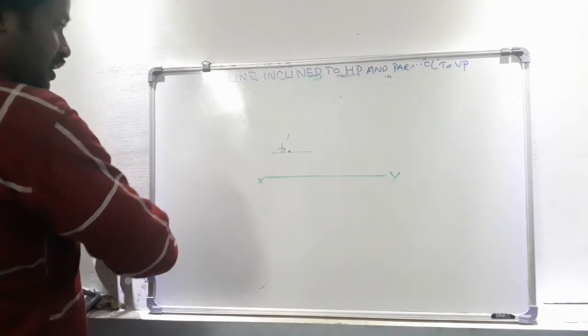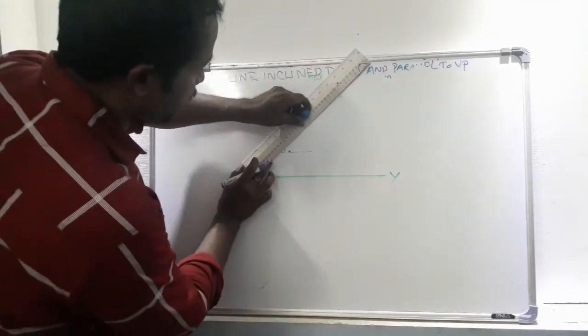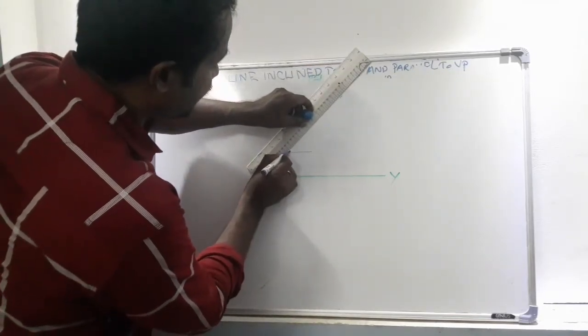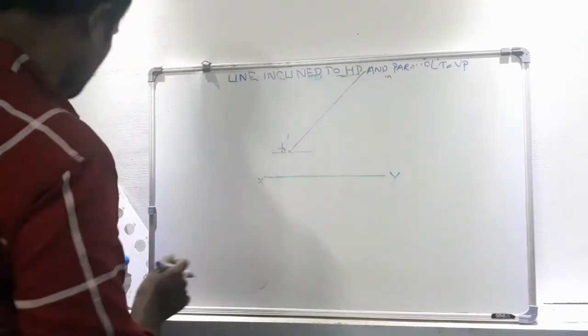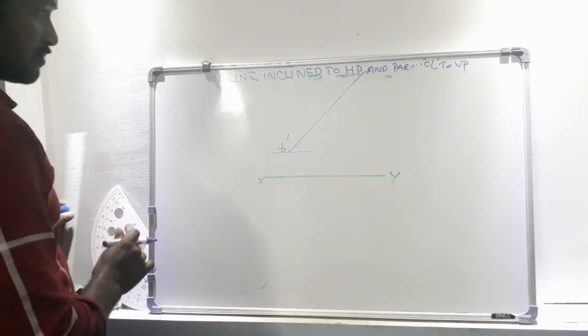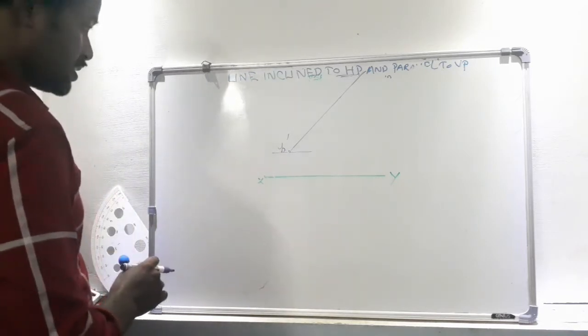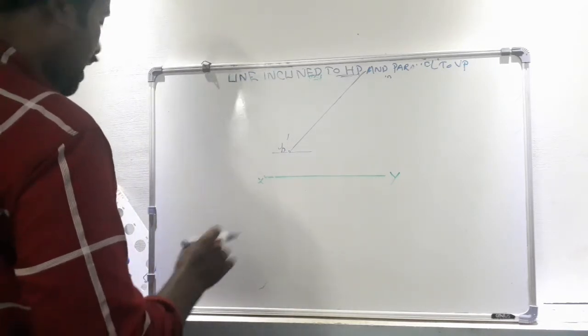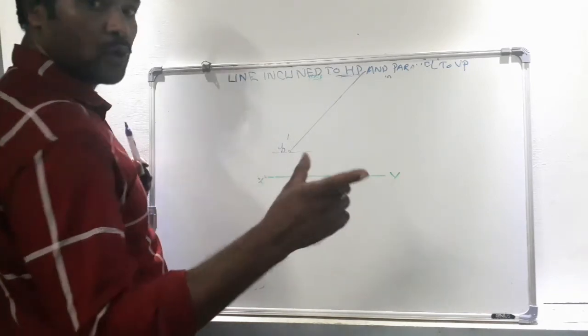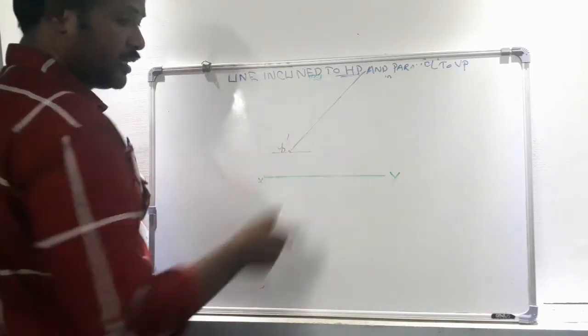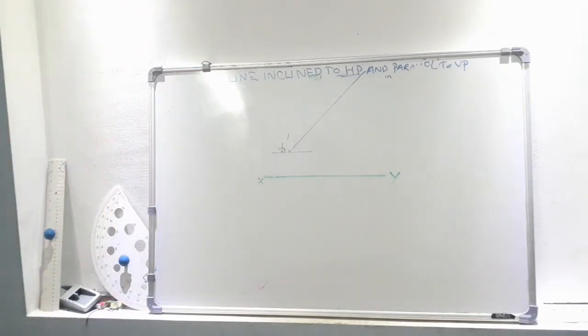Through this 45 degree, draw an inclined line. Now take your compass and draw an arc with radius 50 mm.